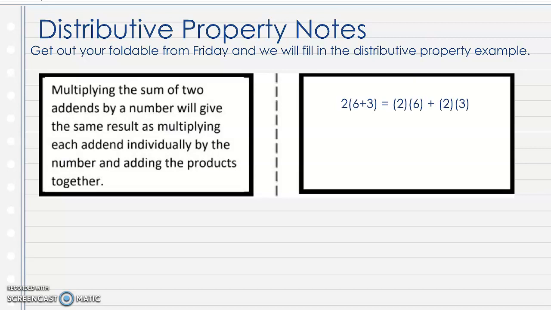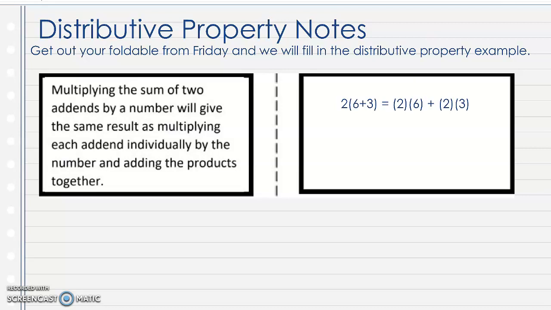So the distributive property says that multiplying the sum of two add-ins by a number will give the same result as multiplying each add-in individually by the number and adding the products together.